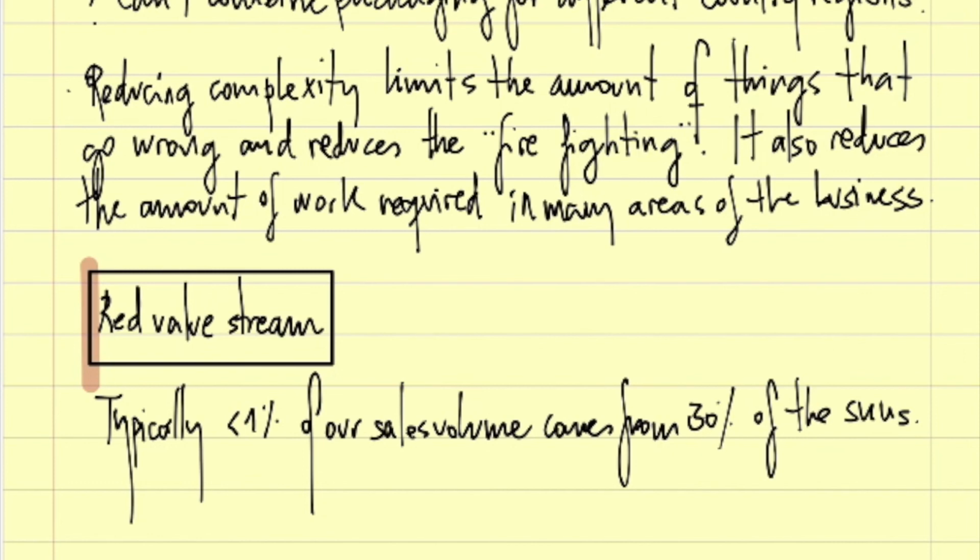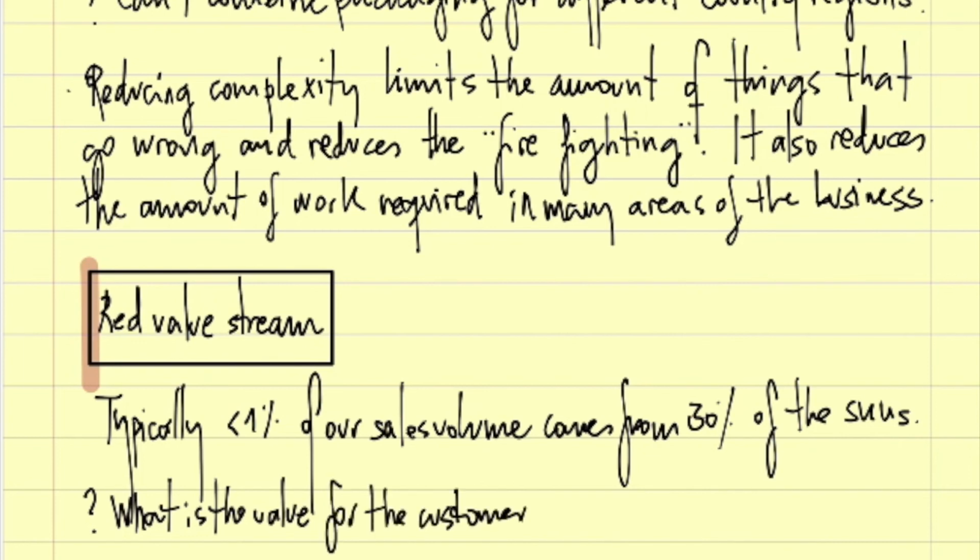So here there are two questions that you're going to be asking. What is the value for the customer? And second question, what is the value for the organization of those products?